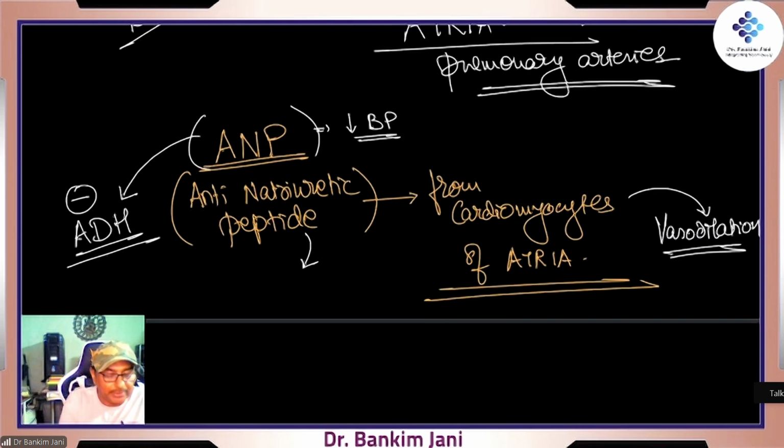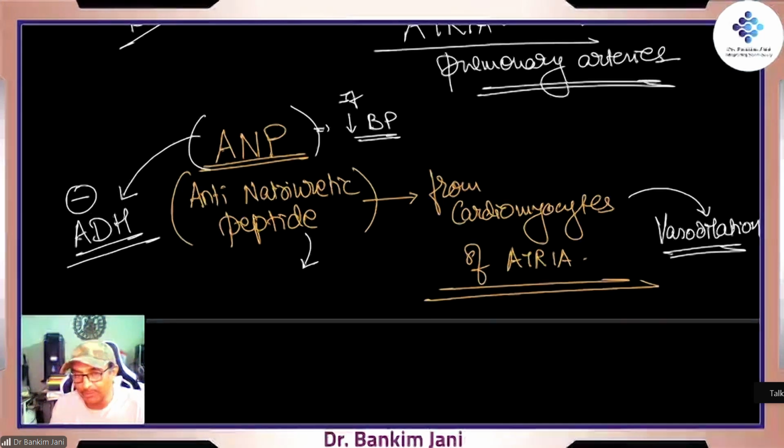It is also inhibiting antidiuretic hormone. Antidiuretic hormone was not letting the water go. Now it is telling to let the water go, because when the water goes, the plasma volume will decrease and the blood pressure will come down, right? So it inhibits antidiuretic hormone.